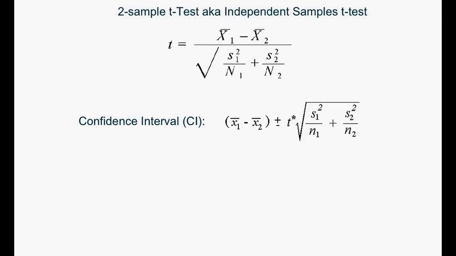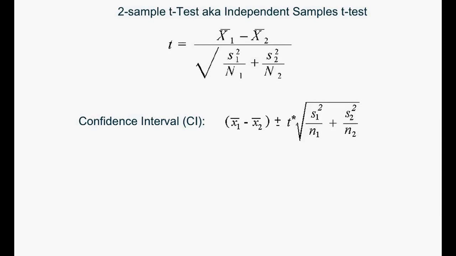And what we're saying is that we are 95% sure that the actual populations that our two samples came from differ by some amount between those two values. So we're going to get an upper and lower value, which is like our margin for error. We don't know exactly how far apart the true population means are, but we are 95% sure it falls between our high and our low values.